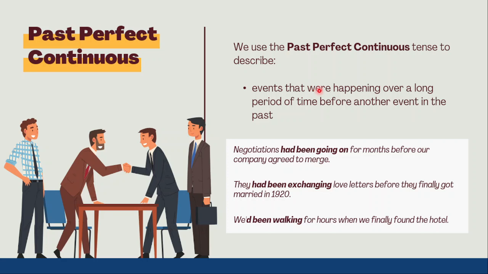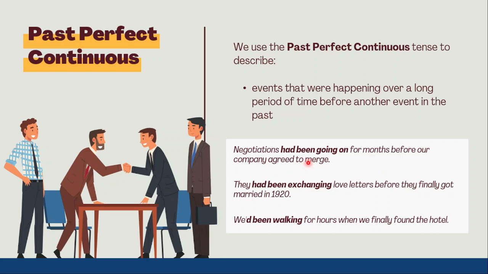Examples: negotiations had been going on for months before our company agreed to merge. So had been going on, it was happening over a long period of time before another event in the past. What was happening is negotiations had been going on, and what happened after is our company agreed to merge.